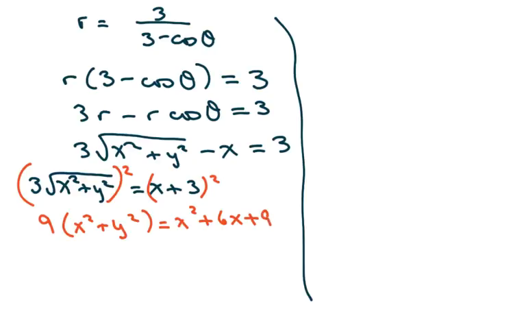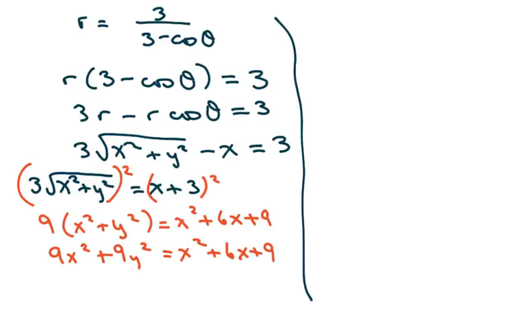Now I'm going to distribute here, and I get 9x squared plus 9y squared equals x squared plus 6x plus 9. All right? Now I'm going to move everything over to the left.